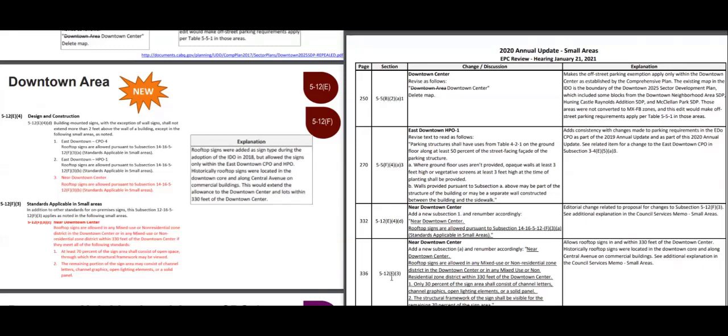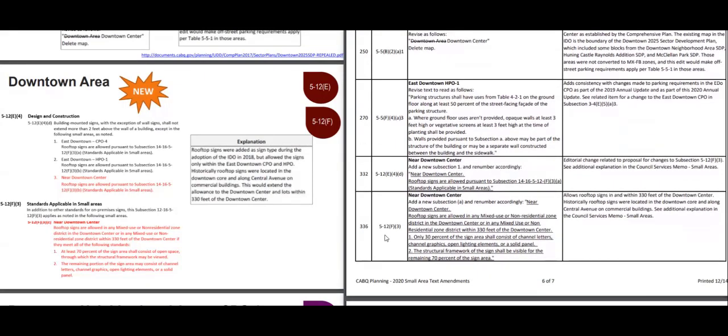This next change right here, it's 512F3, and it's also shown in the slideshow over on the side of the screen. This would add a new subsection called near downtown center to the signage regulations.